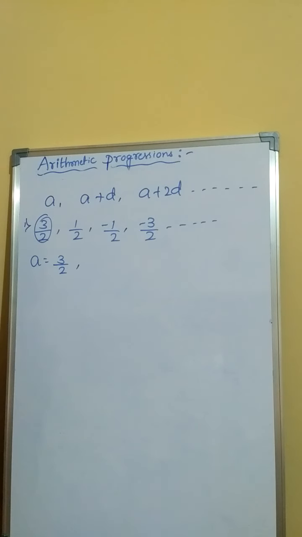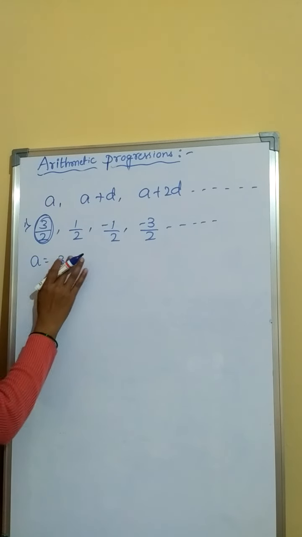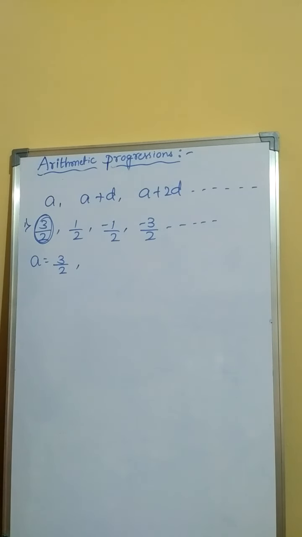So remember, students, here they have given us the given AP, so that means already it is an AP. No need to check. So now I am taking this first term as A, that is A is equal to 3 by 2. Now it's important to find the common difference.